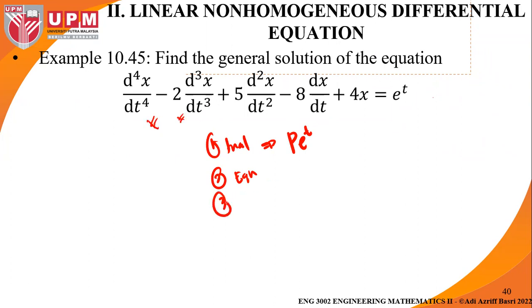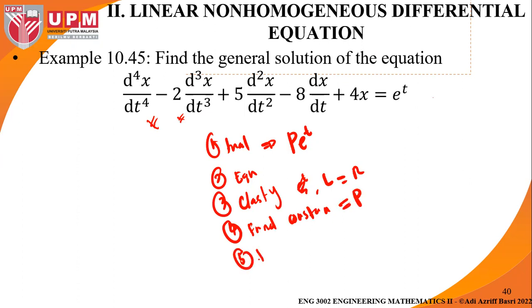The third, classify in terms of exponent t and the rest, left equal to right. Fourth, find the constant, in this case, p.